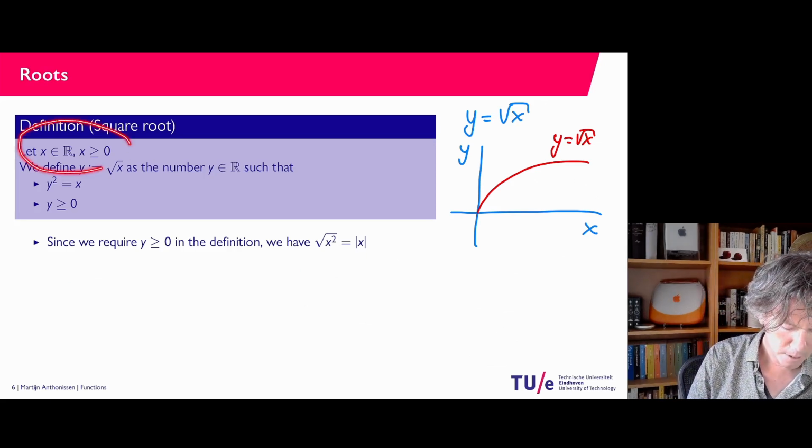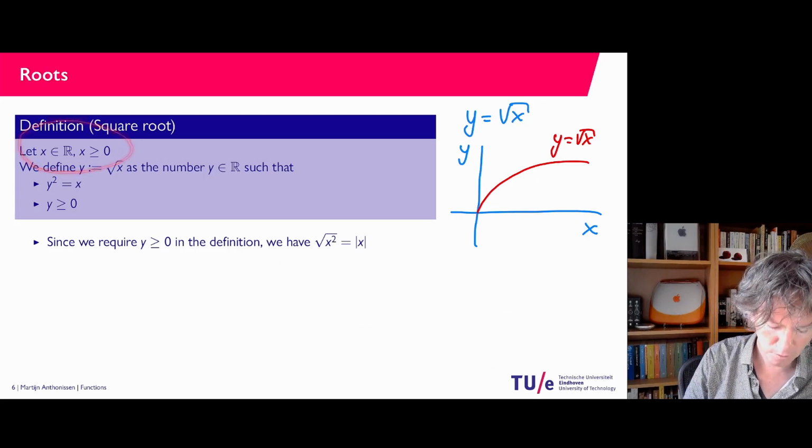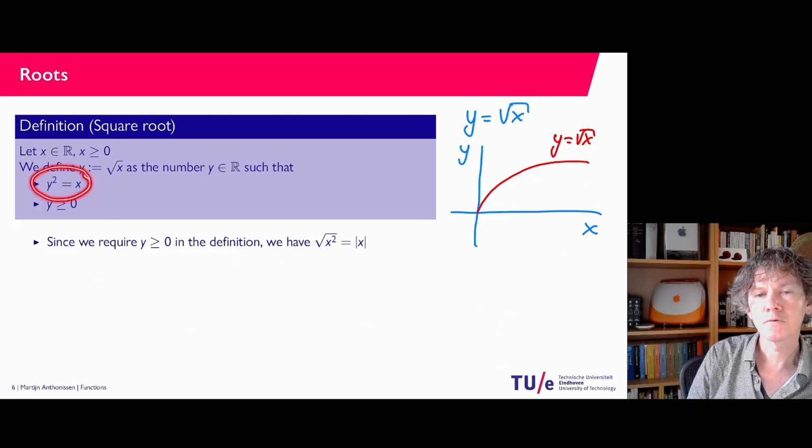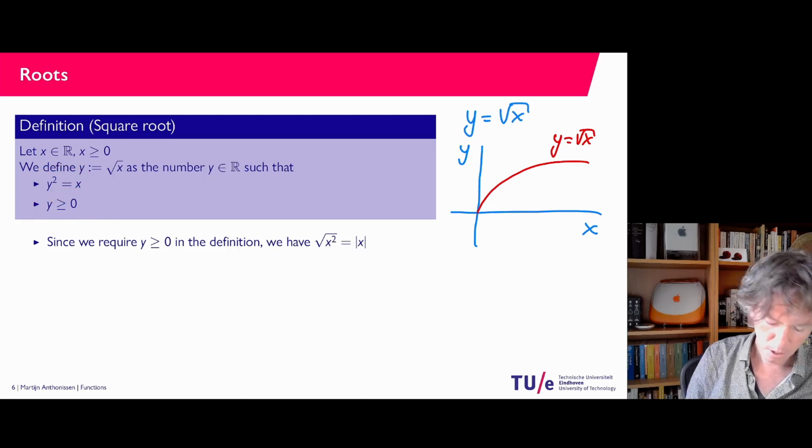And the formal definition is in the blue box here. So we pick a non-negative x value, and then y equals square root of x. That is the unique number such that if you square y, you find x. For instance, the square root of 4: if you would only use this, well, both 2 and minus 2, if you square them, give 4. We only want one of them, so we impose a requirement that y should be larger or equal 0. In particular, that means that we have this here.